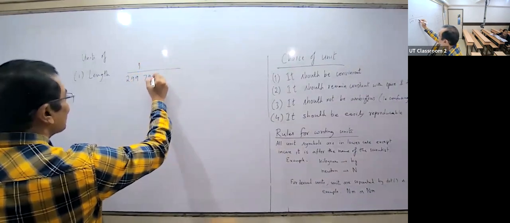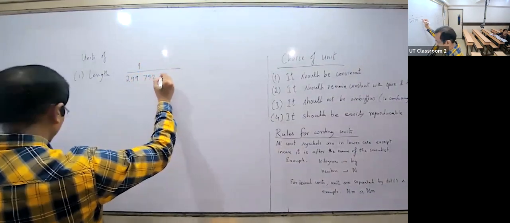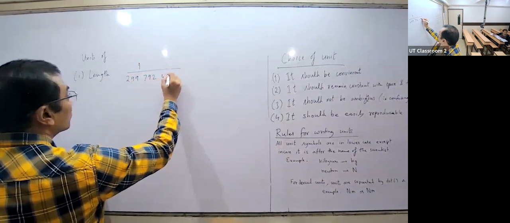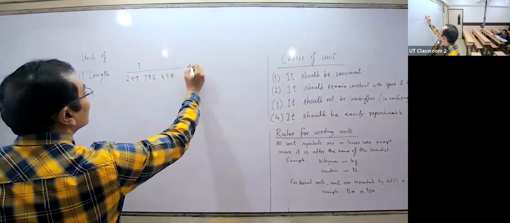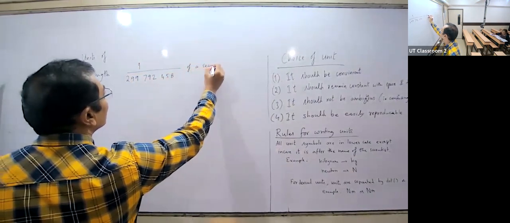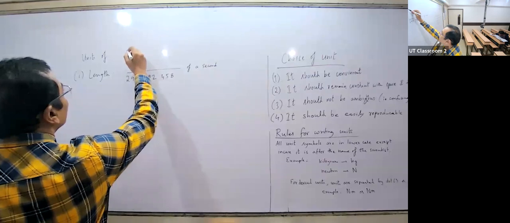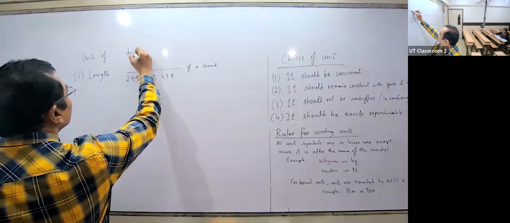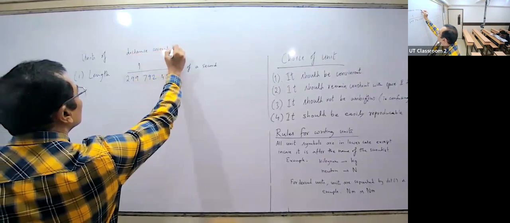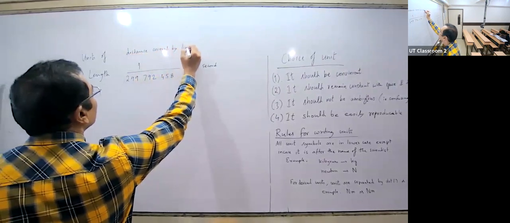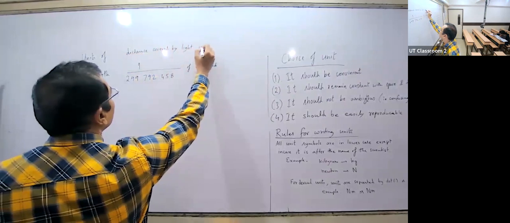It's a very small instance of time, 1 by 299,792,458 of a second. So what is that? Distance covered by light.